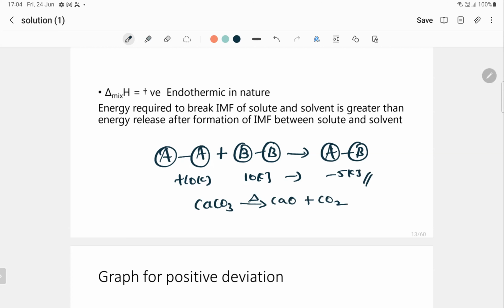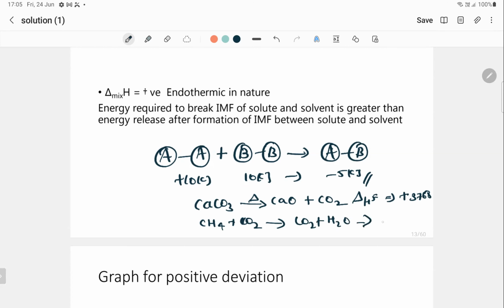Correct? So here you can say your enthalpy of formation is endothermic and it will be plus 3768 per mole. Take a similar reaction, sorry, methane with oxygen giving CO2 and H2O.